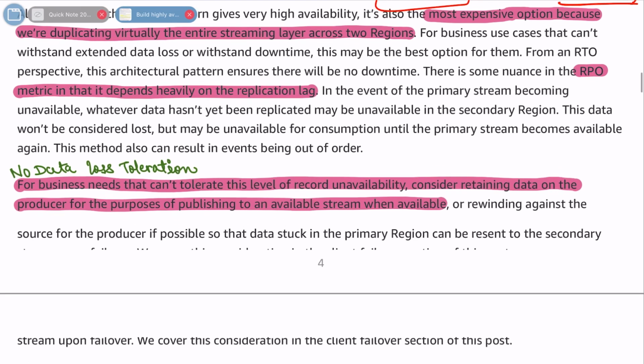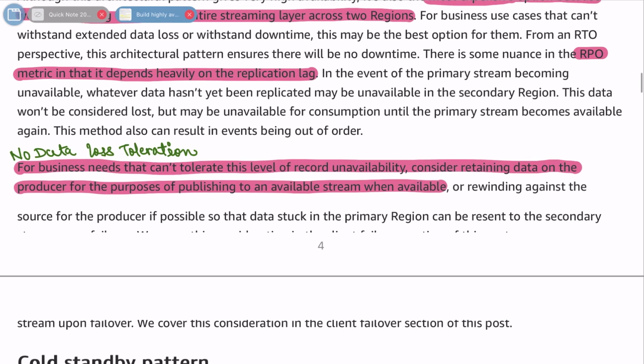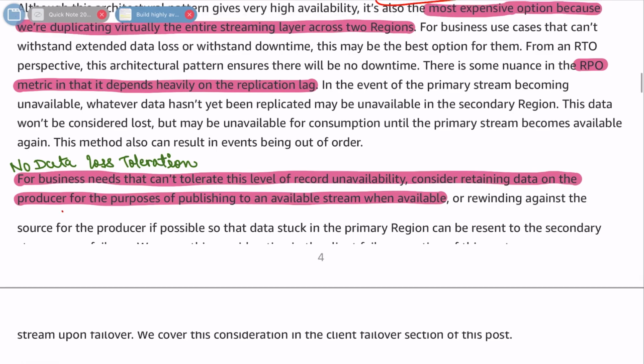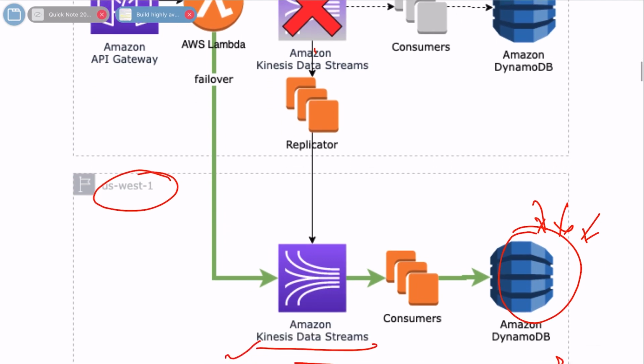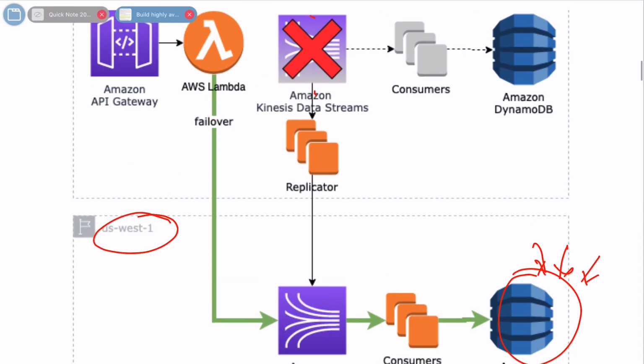Let's move forward with just one consideration before we move to another approach. For business needs that can't tolerate this level of record unavailability, consider retaining data on the producer. So what if, let's say, this Kinesis goes down and the data was not replicated in that time? The data is still present here.